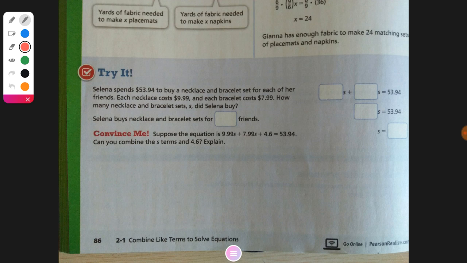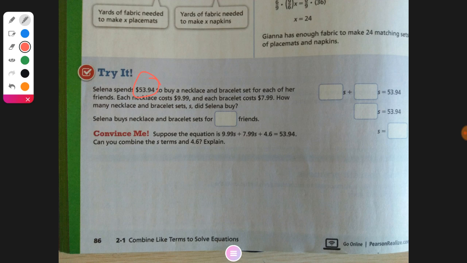Okay, so Selena spends 53.94 US dollars to buy a necklace and bracelet set for each of her friends. So all she pays now is this number, 53.94.